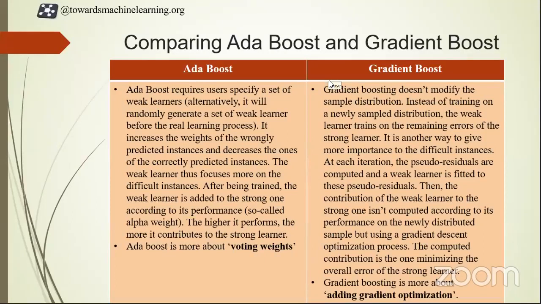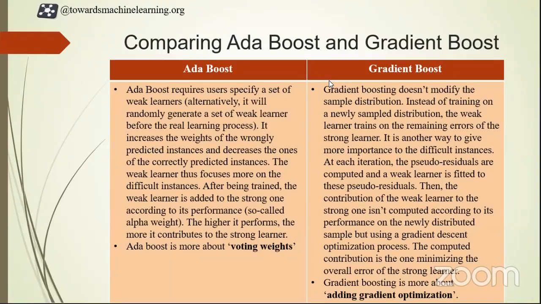In AdaBoost, what we have done is update the weight of the misclassified samples. We increase the weight of that sample and then pass it to the next weak learner.